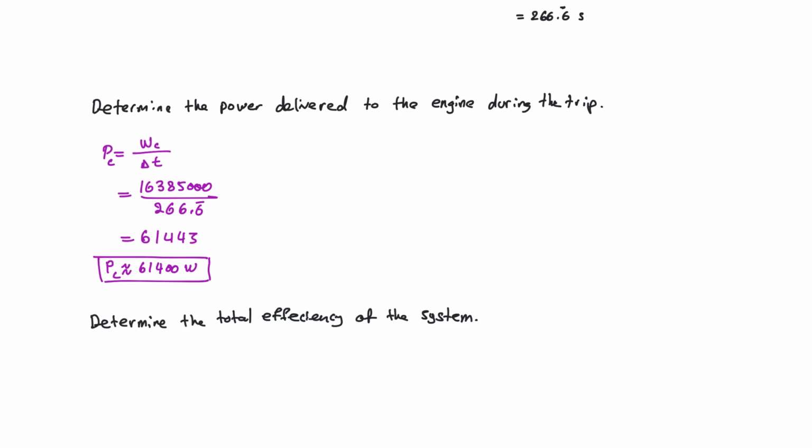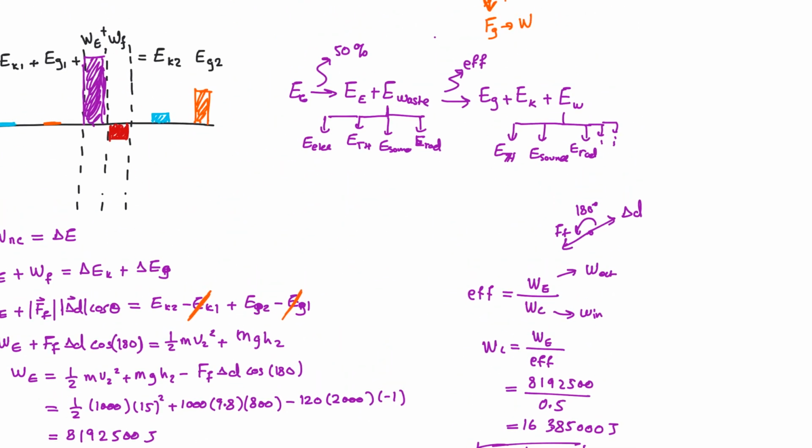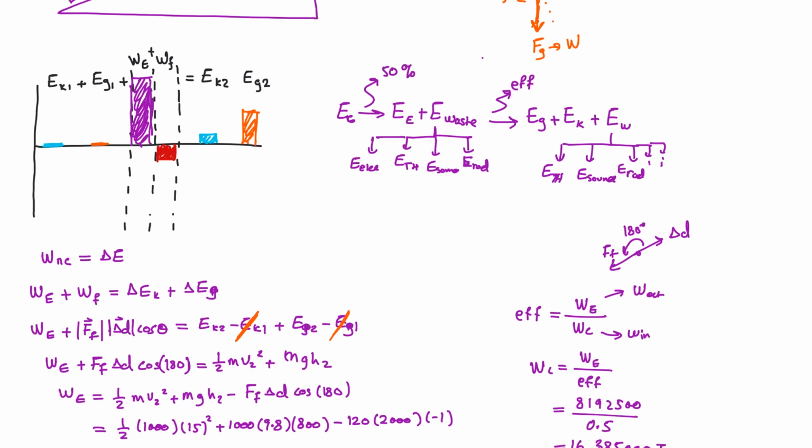When we're asked this question, I'm going to scroll back a little bit and talk about our diagram here. We can see that we had the energy coming from the chemicals or the fuel that has gone to the energy of the engine, 50% of it, some of it has gone to waste, and that energy from the engine has then gone to the energy of gravitational potential, kinetic, and the energy that was wasted here.